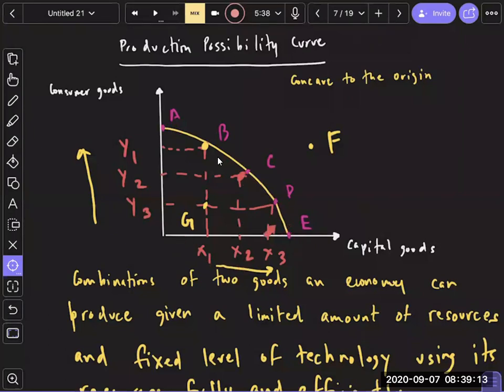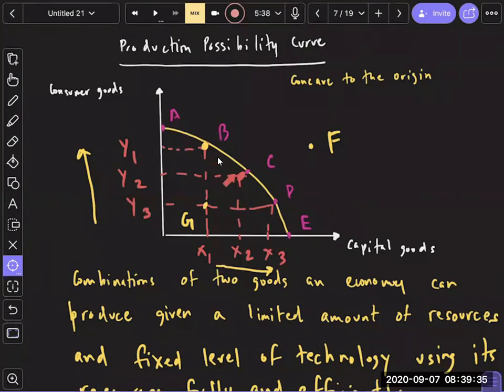If I'm a country that is very keen to make capital goods, I will probably be at D or E, but then I will not be making consumer goods. All these points are the maximum possible that we can make utilizing our resources fully and efficiently. So that's one thing.